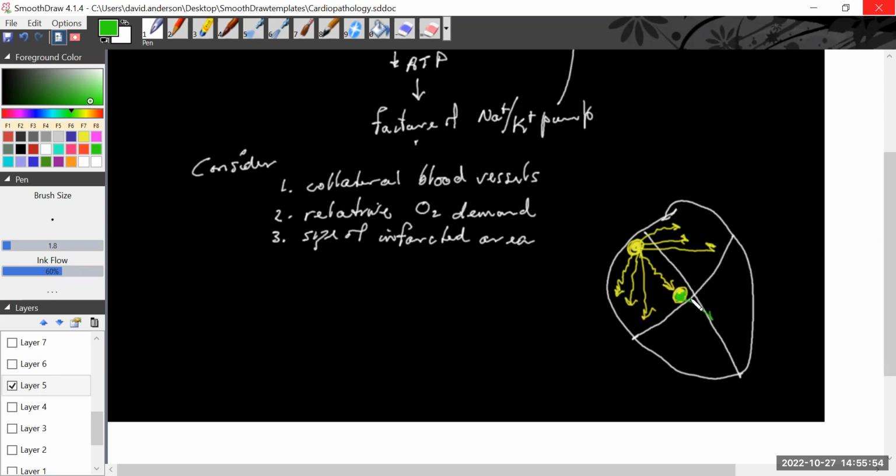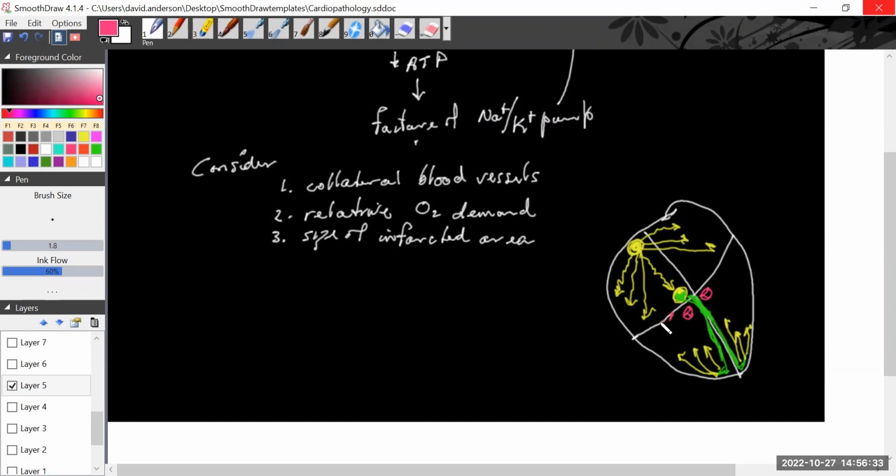And we pass through bundle branches, down the interventricular septum that separates the two ventricles, to bundle branches, right and left, to finish on Purkinje fibers that then began the electrical syncytium from the apex of the heart back towards the respective valves in the ventricle.